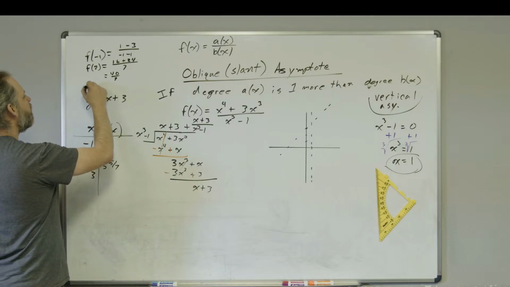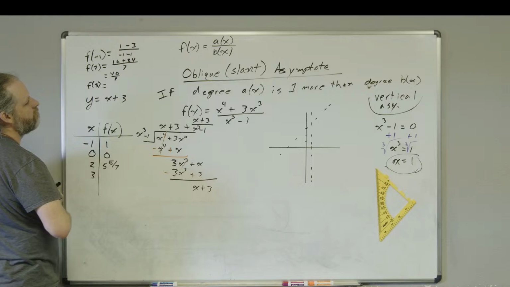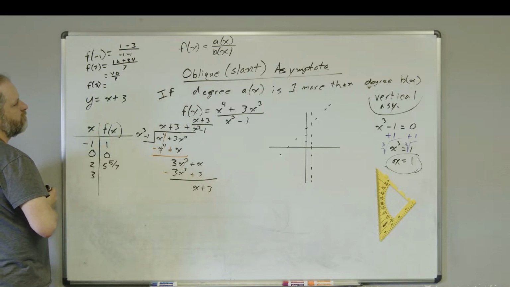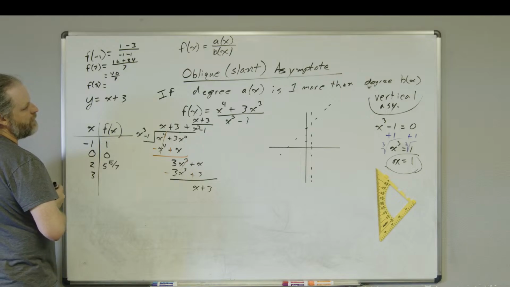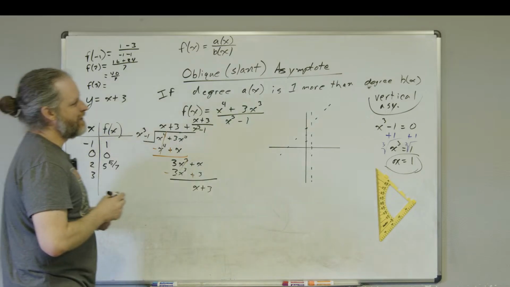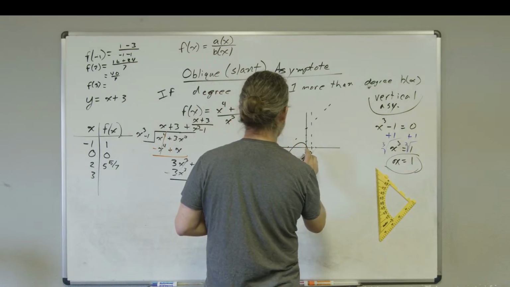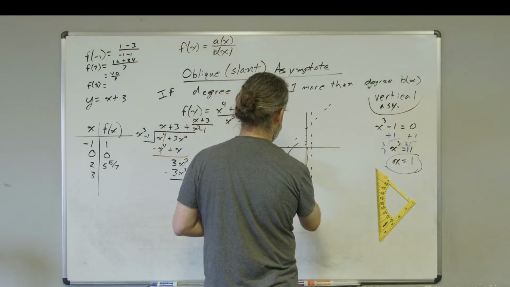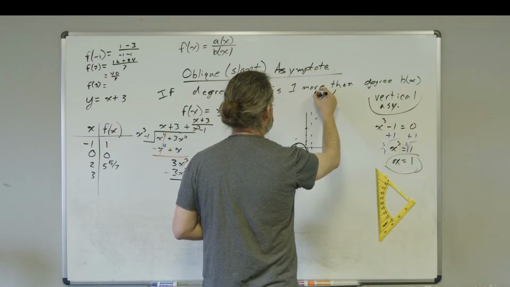F of 3. It's going to be some crazy number. And then you're going to graph it, and it's going to look like this, right?